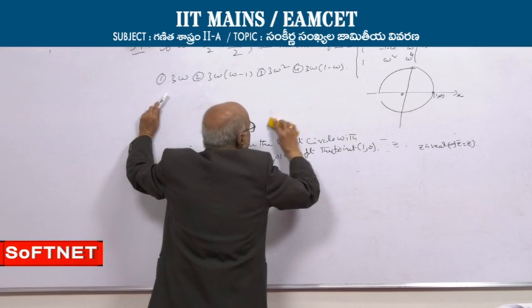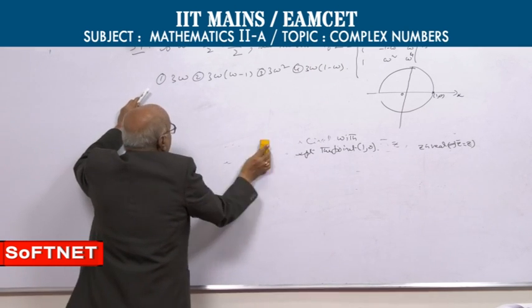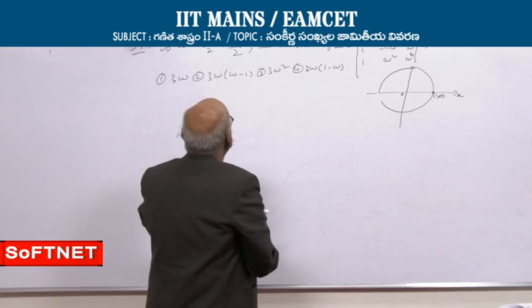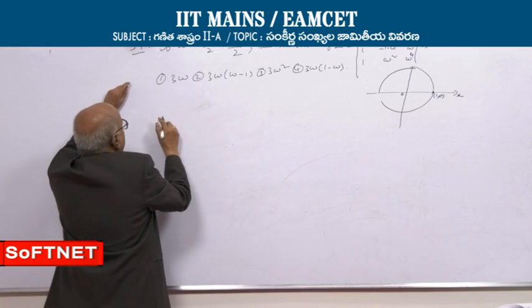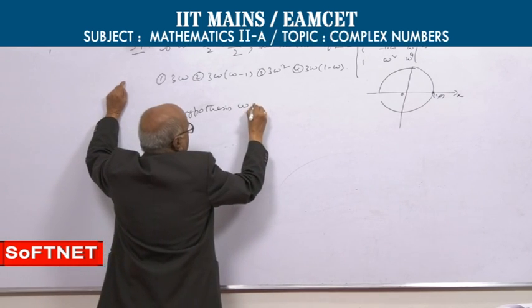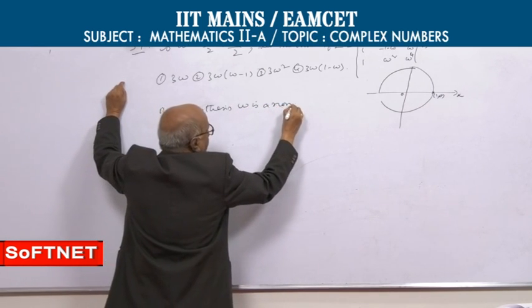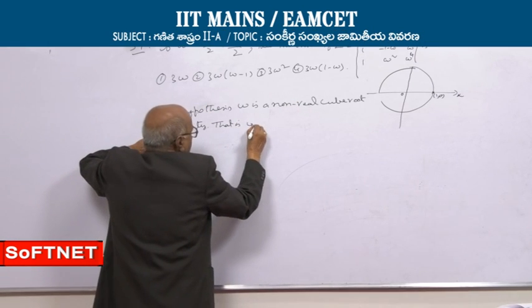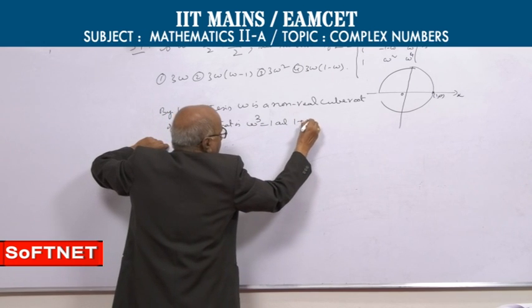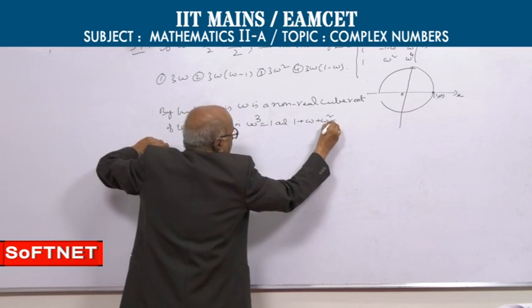Right. Now here you can see that omega is a cube root of unity. By hypothesis, omega is a non-real cube root of unity. Omega cubed is equal to 1 and 1 plus omega plus omega square is equal to 0.